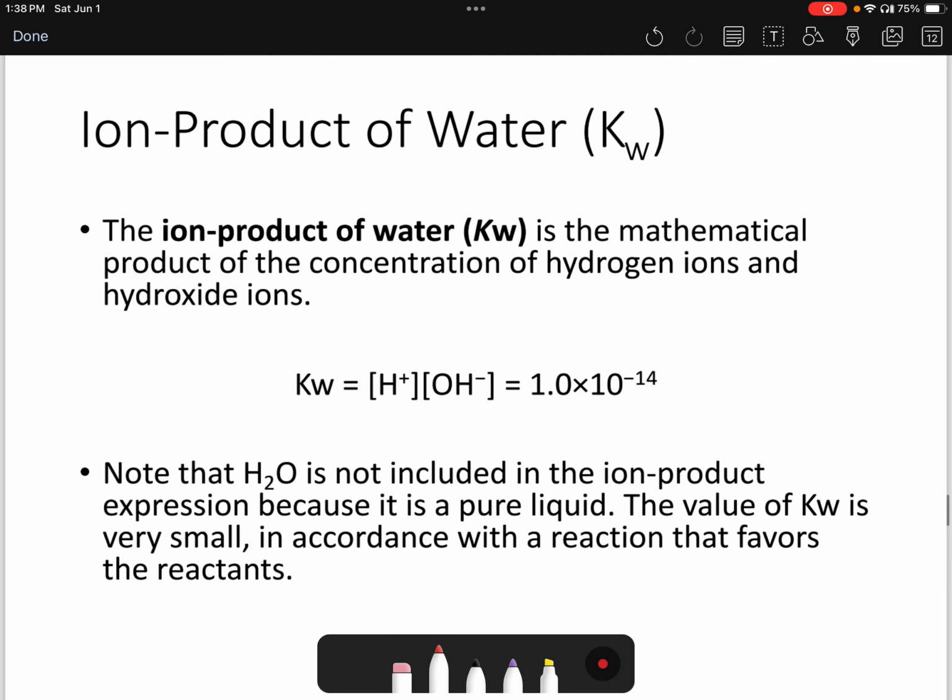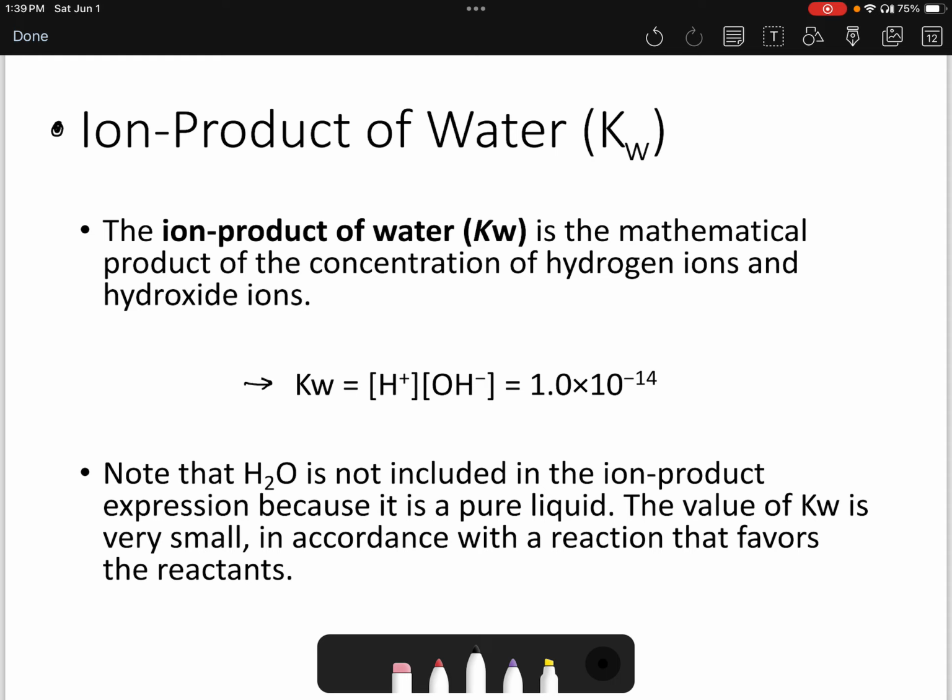So remember earlier, for acids and bases, we could write an equilibrium constant expression, and we can do the same thing for water. Now, this is actually given a specific name. This is called the ion product of water, or Kw. So this only includes the products.